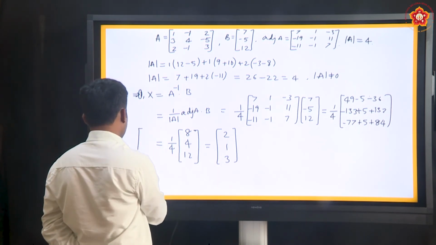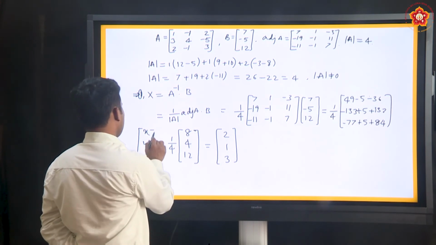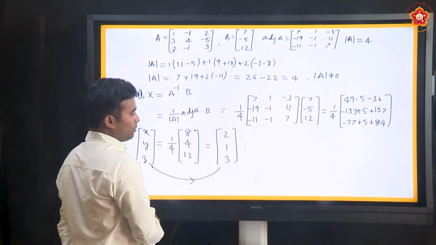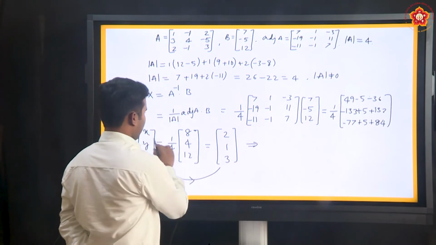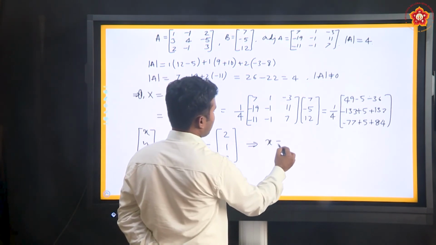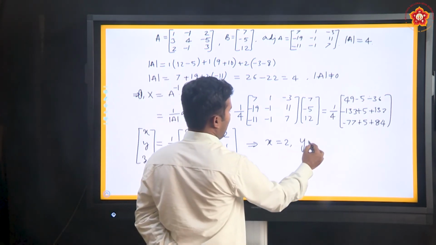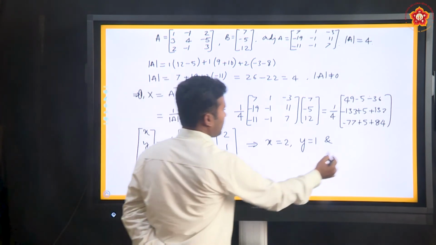Capital X. What is capital X? X, Y, Z. So, now these two matrices are equal, right? So, now you can equate each entry, the corresponding entries. X is equal to 2, Y is equal to 1 and Z is equal to 3.